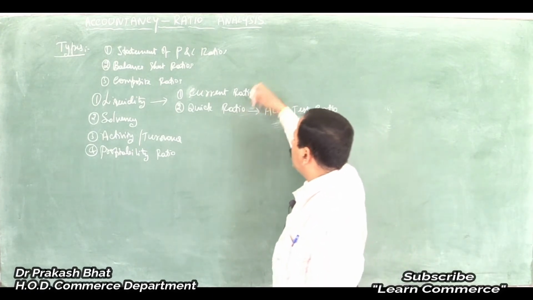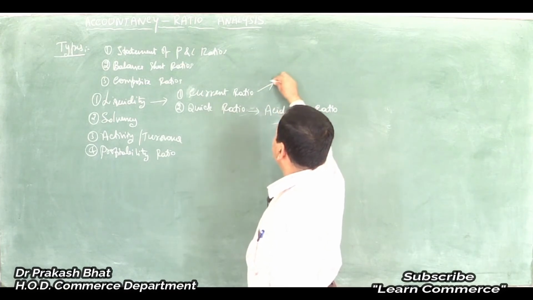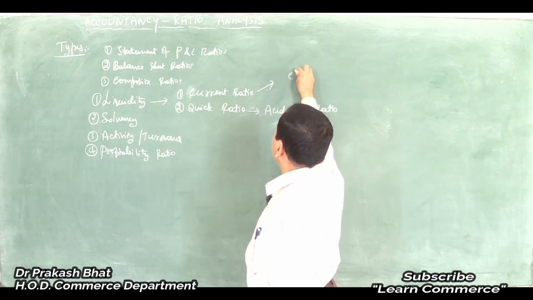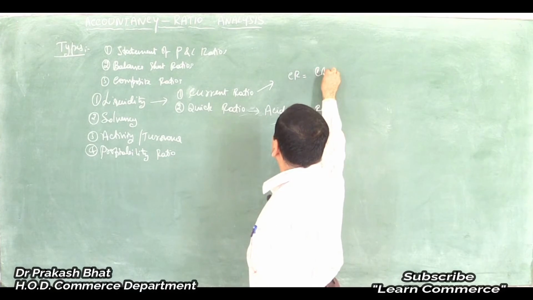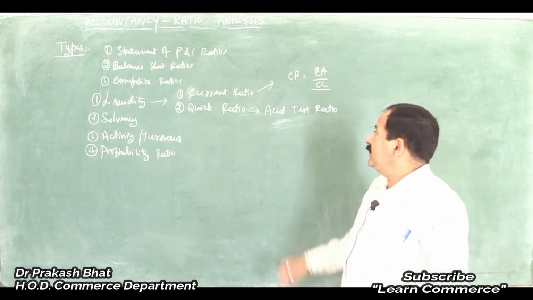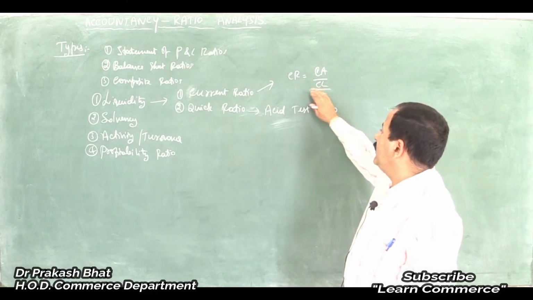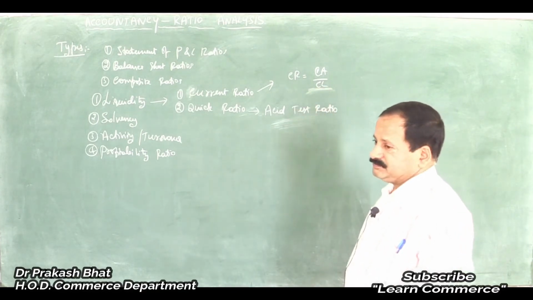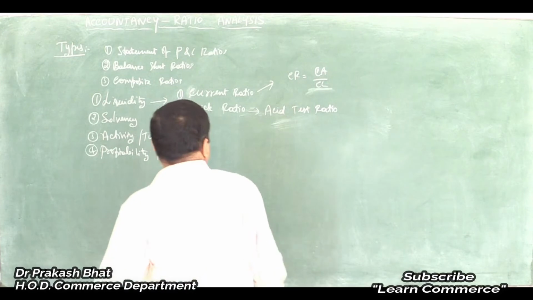So let us know the formula of current ratio. Current ratio is equal to current assets divided by current liabilities. CA divided by CL is the formula for calculating current ratio. What are current assets then?